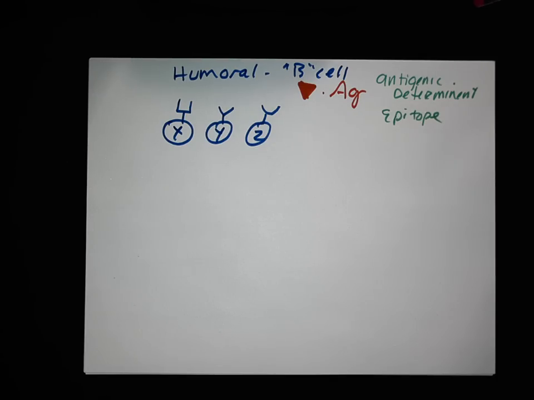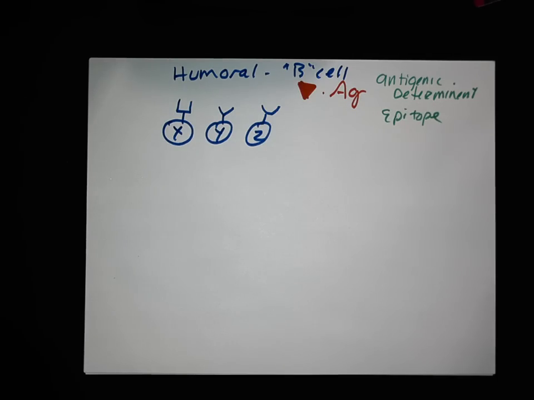So could a bacterial cell elicit an immune response? Yes. Could a virus? Could a toxin from a snake bite? Yes. Could a bullet? Yeah, anything which can elicit an immune response is considered an antigen. That's how you define an antigen.